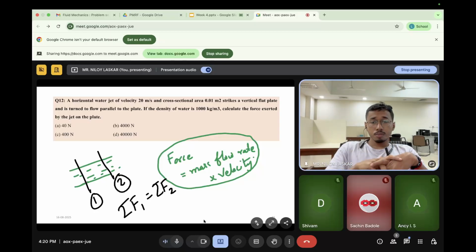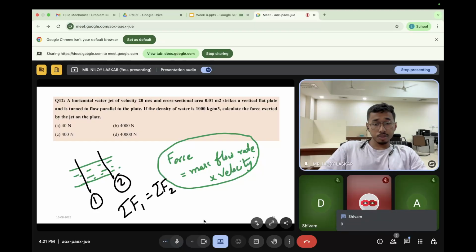So Sachin option B. So Shivam also option B. So it feels good that you at least try to answer this question.